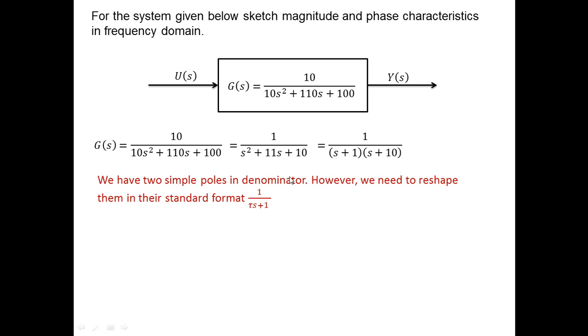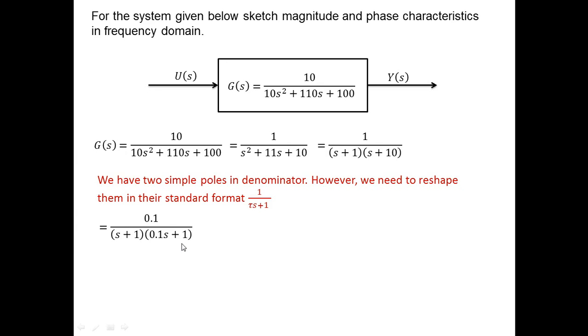We know that the standard format of a pole in a transfer function is in the form of 1 over tau s plus 1. Here tau for the first component is 1, but for the second one, tau is 0.1. So the actual transfer function is 0.1 over (s plus 1)(0.1s plus 1).